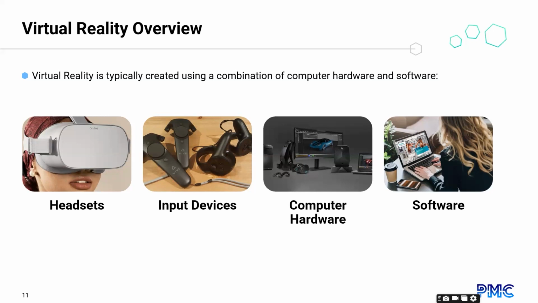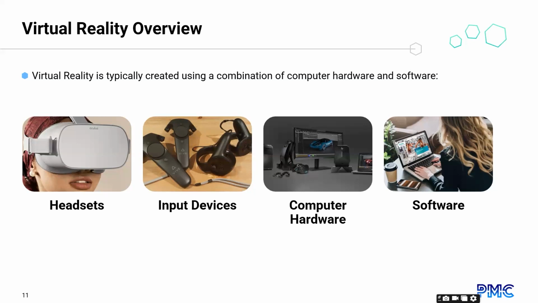We have input devices. These are tools that enable users to interact with the virtual environment. For example, controllers or gloves, or even full body suits equipped with sensors to capture human movements.